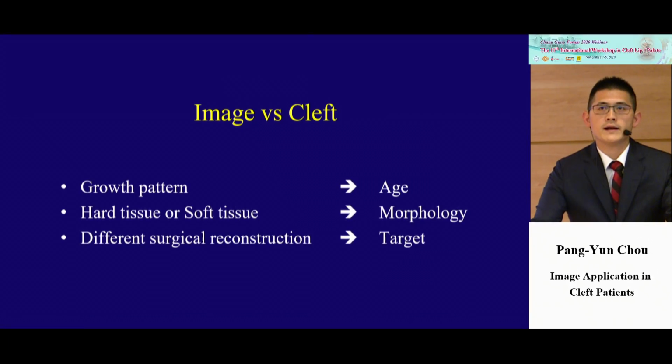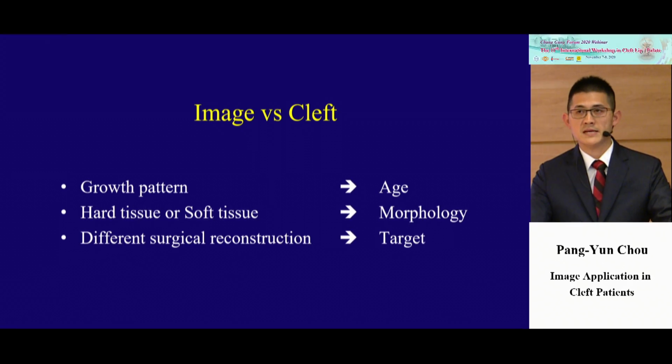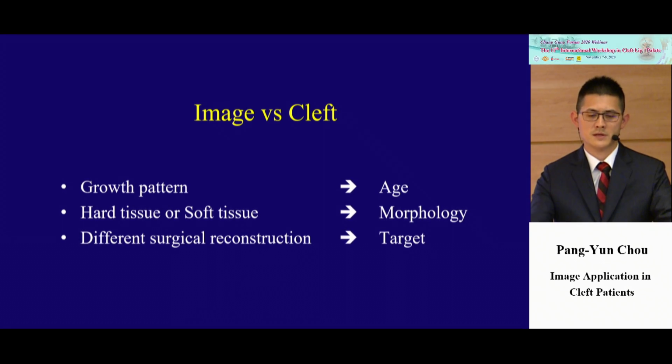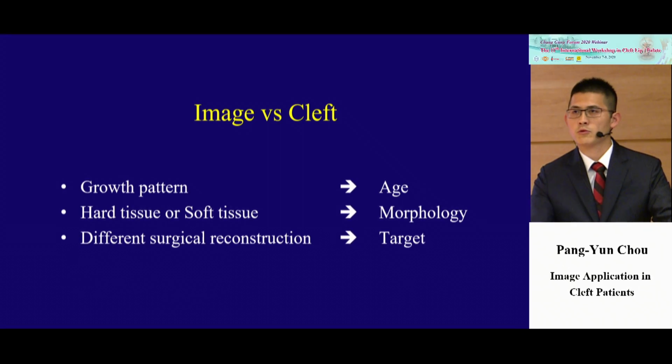So what imaging should be delivered to a baby with a cleft? It depends on what kind of surgical procedure or orthodontic treatment will be delivered, so we have to know our purpose and our target. First is the growth pattern.